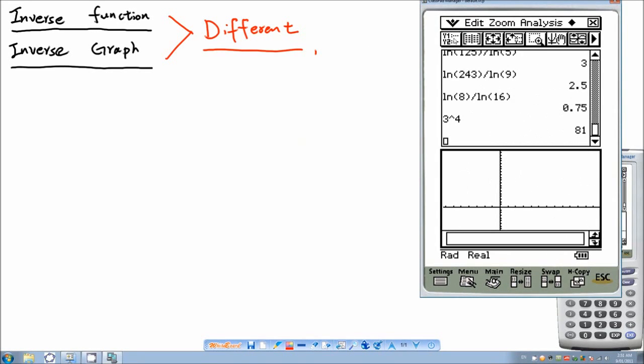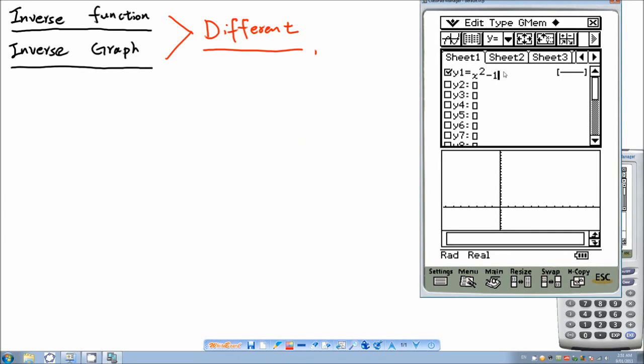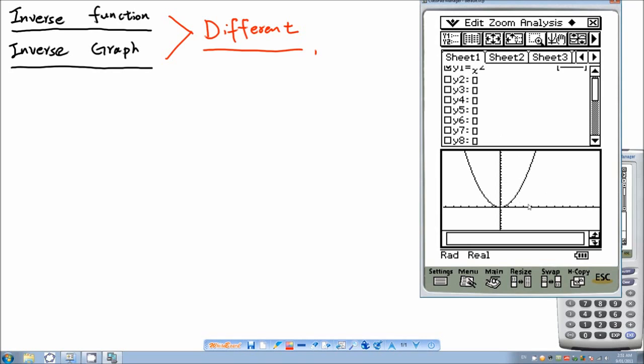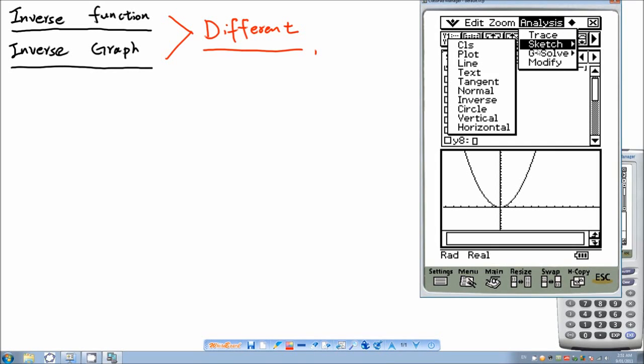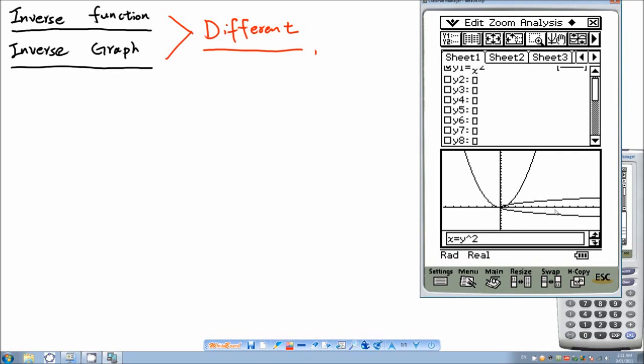If I have, for instance, y equals x squared, and I sketch it in my calculator, what do I do? I go to Analyze, Sketch, and Inverse there. Your calculator will sketch the inverse graph for you. And we can zoom it.